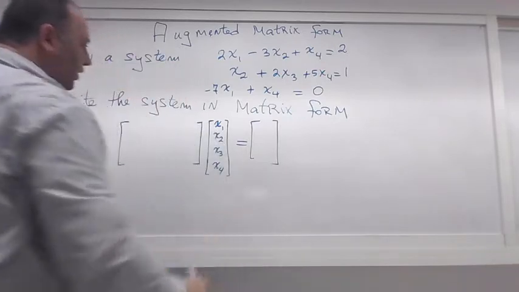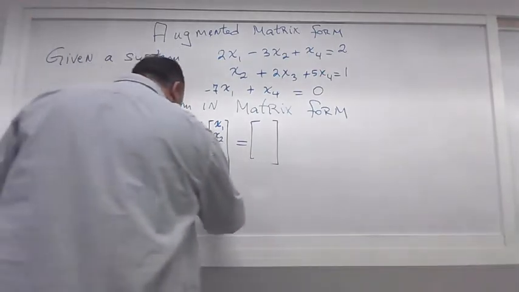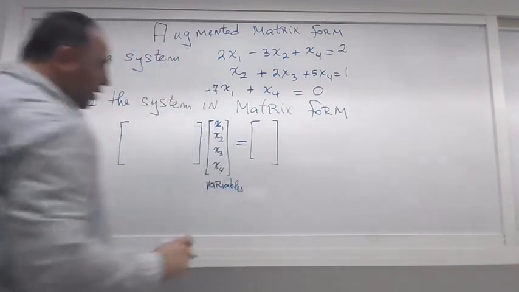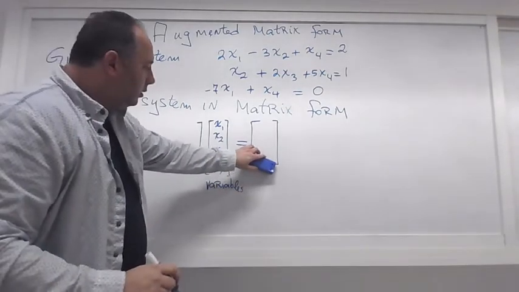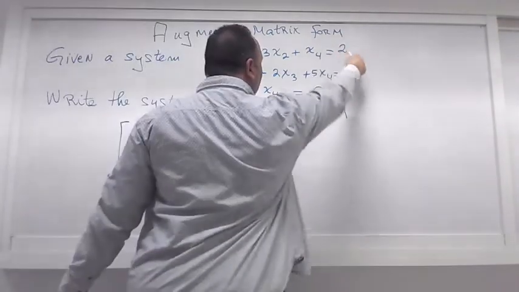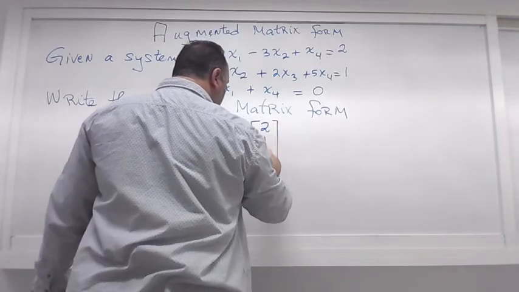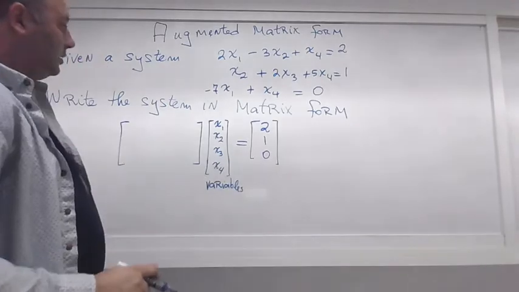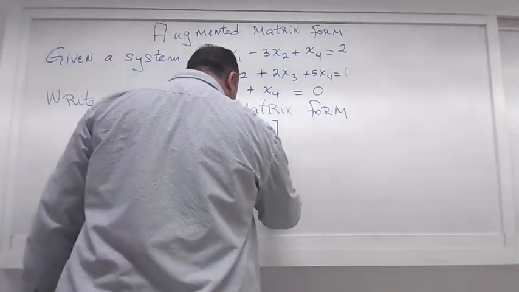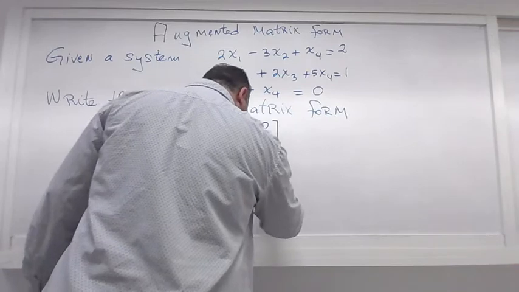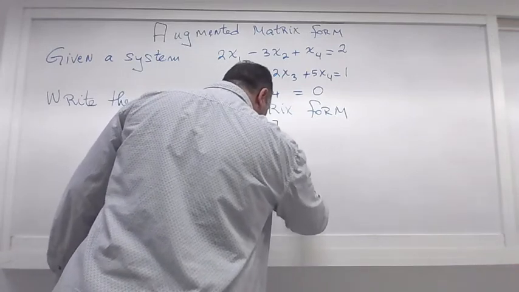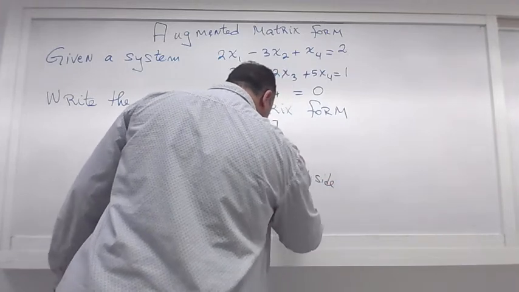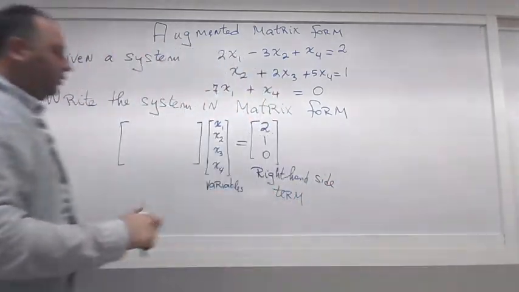So this is the vector of variables, or unknowns. Okay, on the right hand side I have 2, 1, and 0. So this is called the right hand side, or in more advanced classes, source term. But okay, let's be elementary.